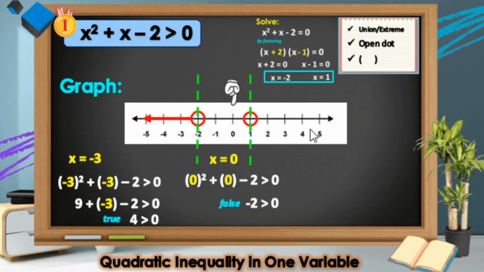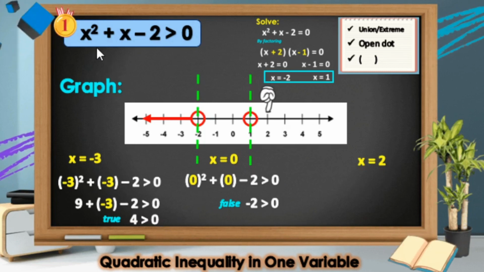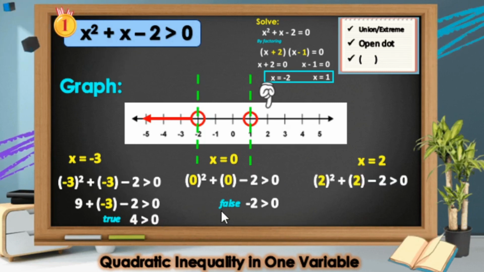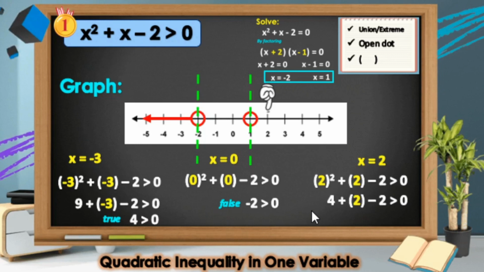So, let's try in this region ay yung 2. So, x is equal to 2. Substitute natin yung 2 sa lahat ng x. So, we will have 2 squared plus 2 minus 2 is greater than 0. So, simplify, 2 squared is 4 plus 2 minus 2 is greater than 0. So, 4 plus 2 minus 2 is 4. Is 4 greater than 0?